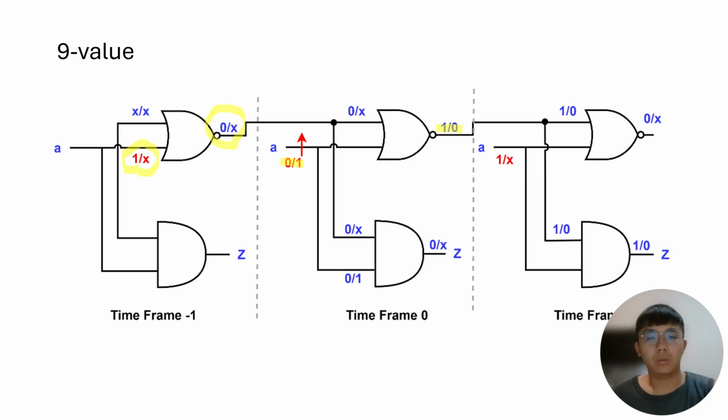Last, we select 1/x in the input of the last time frame, which is time frame 1. And finally, we get 1/0 on the Z of time frame 1. Using input pattern 1, 0, 1 sequentially, we can propagate the fault to the output Z at time frame 1.